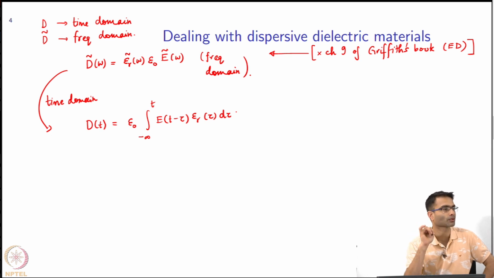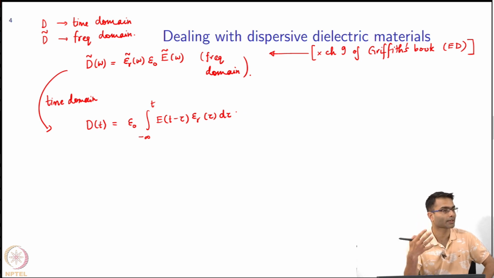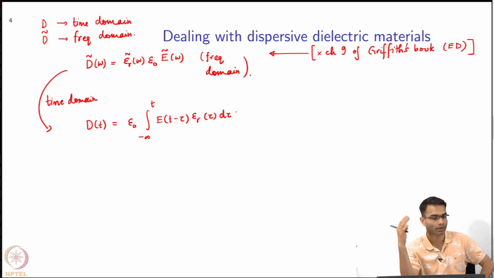What about the fact that our material is causal? This causality has to be respected, right? The D at a certain time should not depend on E at future time instants, obviously. So, will any of these limits change? Right.